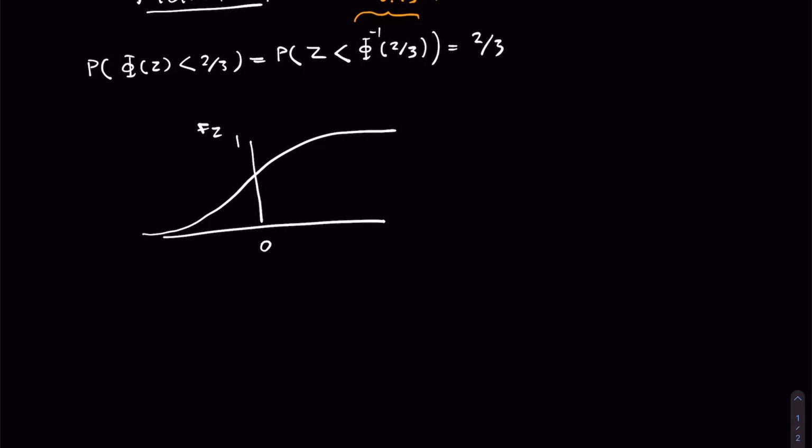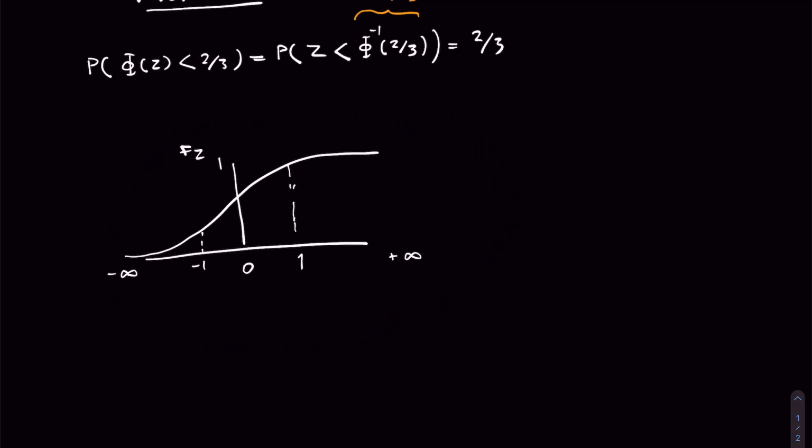This is on the probability scale, going to plus infinity on this side, minus infinity on that side, and imagine this is one standard deviation to the plus side and this is one standard deviation to the minus side.